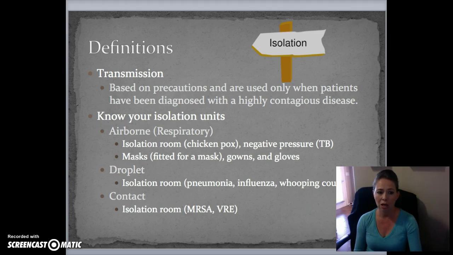Droplet precaution, that is also in an isolation room. You want to make sure you're wearing your mask and your gloves and your gown for that. And contact isolation, sometimes you might only need your gloves for that. Sometimes you might need your gloves and gowns. Sometimes you might need your gloves, gown, mask, and goggles. So just be aware that you might plan ahead, know what you need on before going into those isolation rooms.